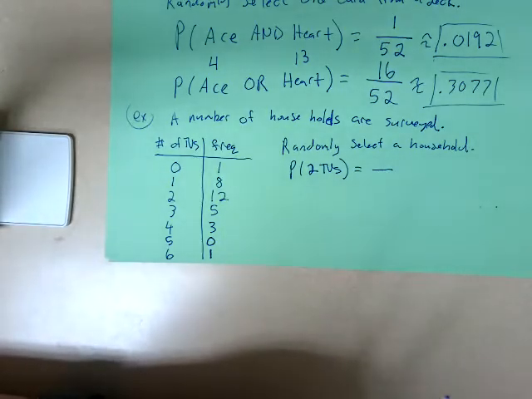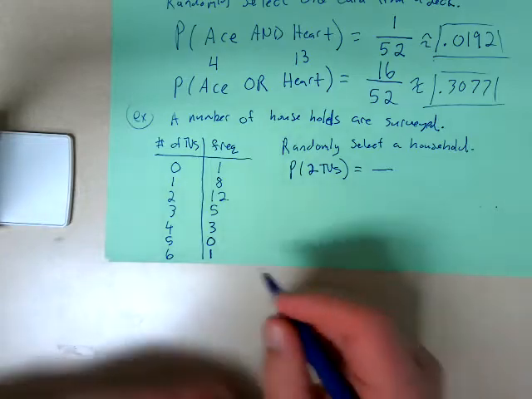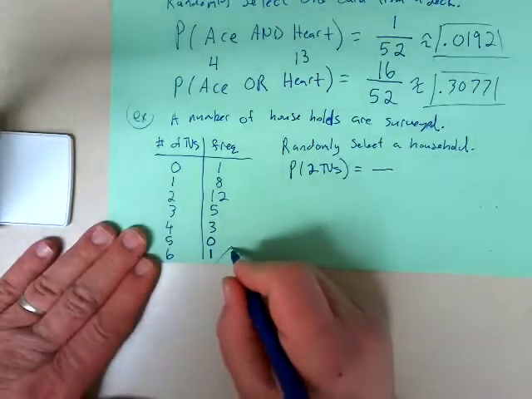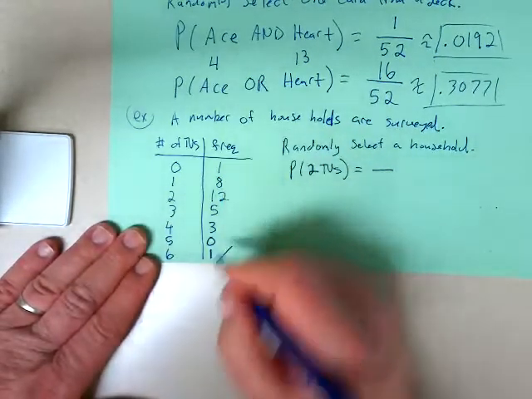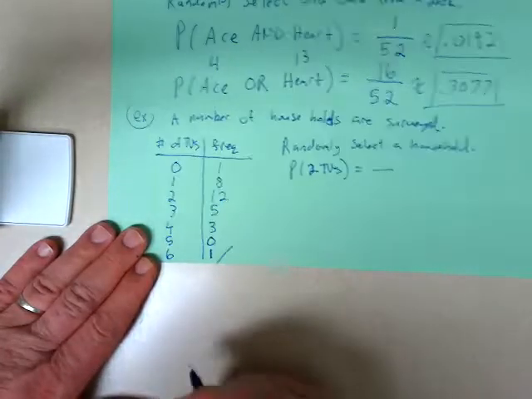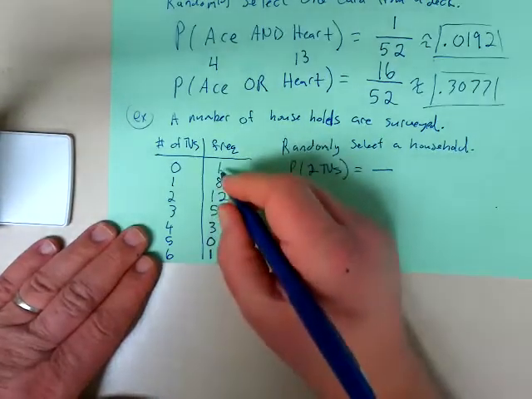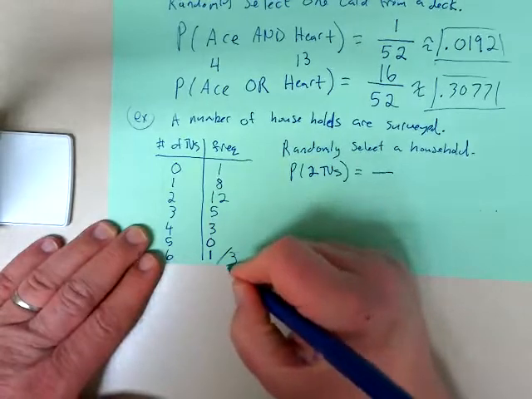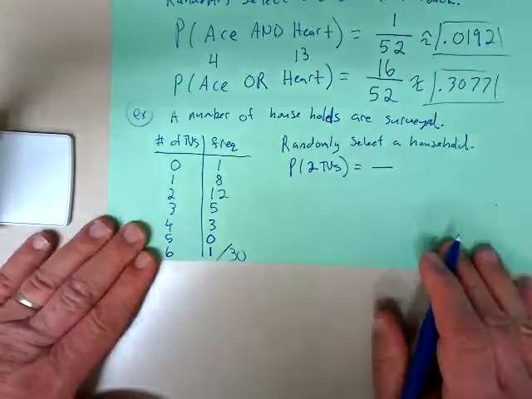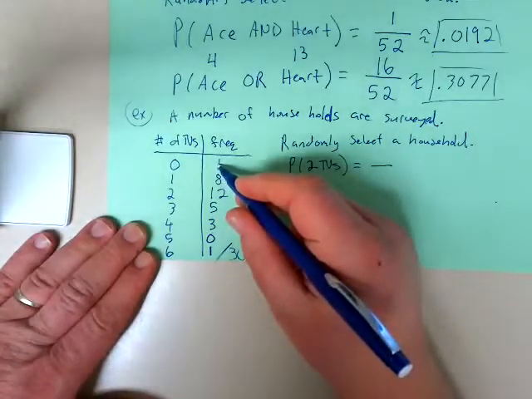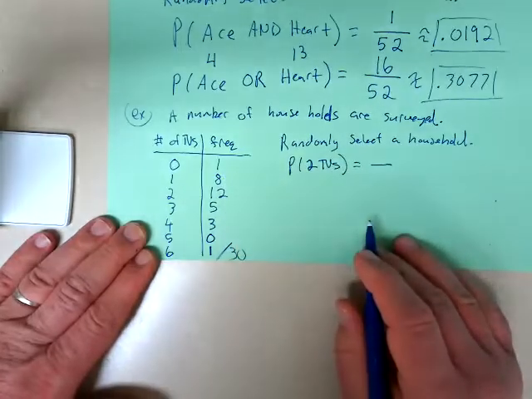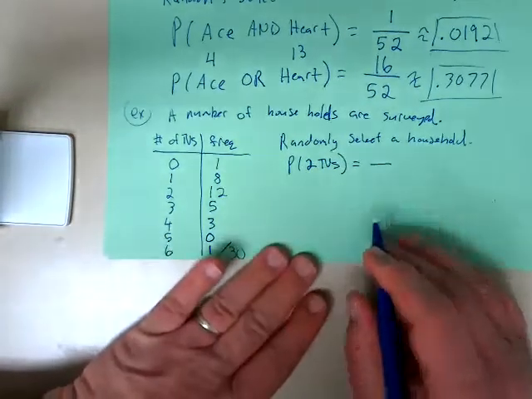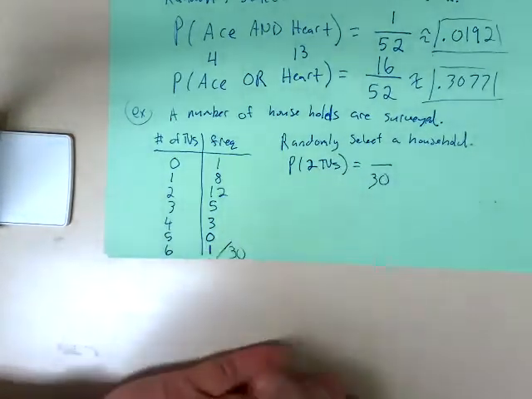So you got to know how many names there are in the hat. And to find that, you actually add up the frequencies. That gives you the total number of households. So when you add this up, it's equal to 30. So the bottom number is 30, right?